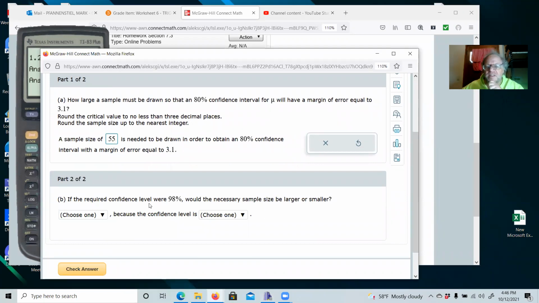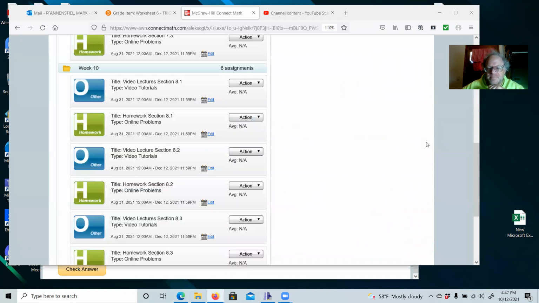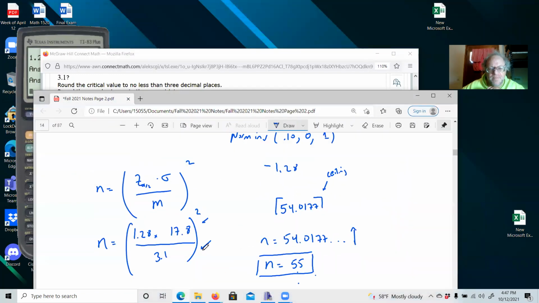If the required confidence interval were 98%, would the necessary sample size be larger or smaller? So if we wanted to look at this, I want to go back to my piece of paper here.